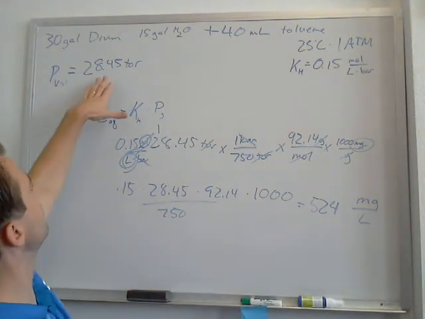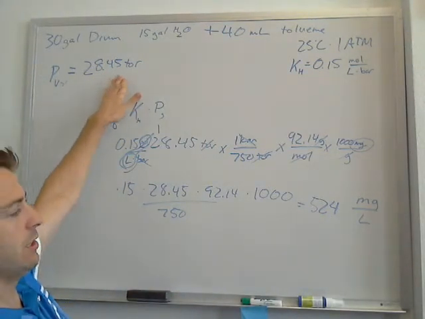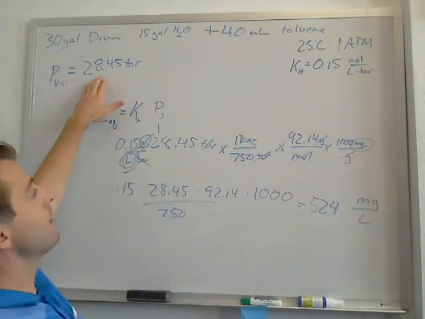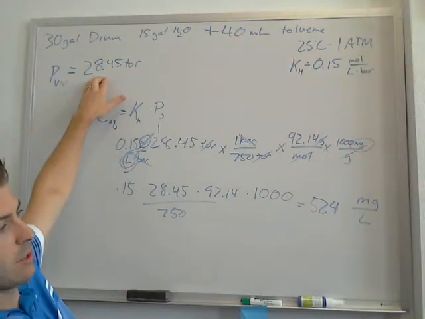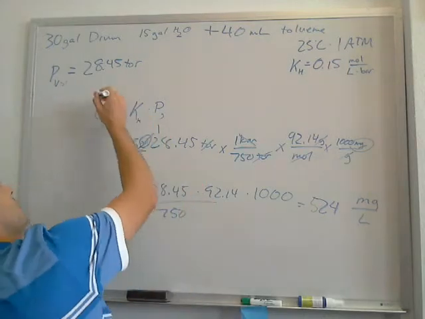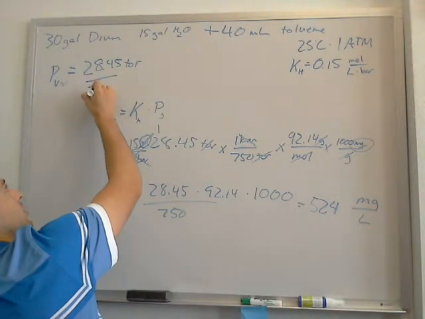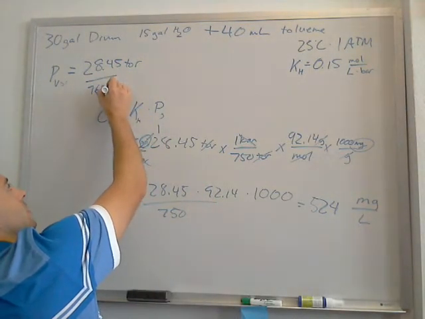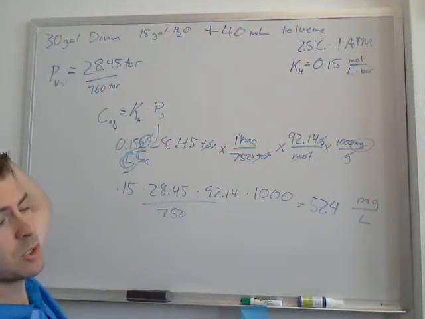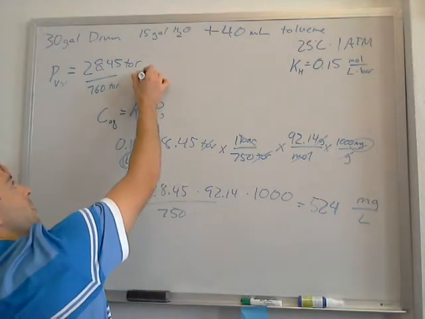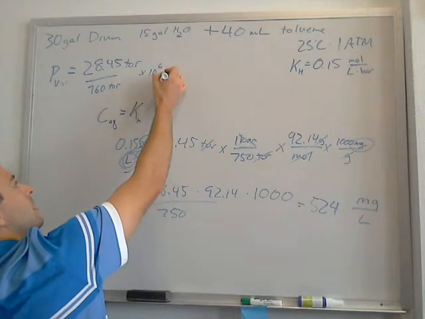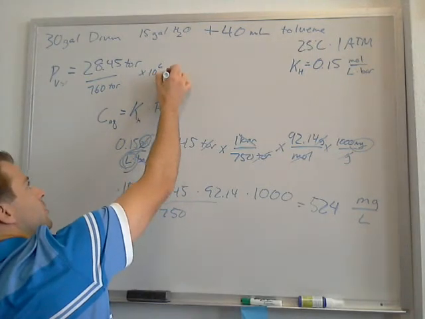Alright, that's nice, that's our concentration. We should also calculate the concentration in the air and go ahead and express it in milligrams per liter. So we can calculate concentration from pressure, like I was referring to earlier, and like we've done in previous posts, simply by dividing by our atmospheric pressure, 760 torr, and now we've got it expressed in dimensionless units, which is perfect for parts per million. So if we multiply by a million, that puts us into parts per million.